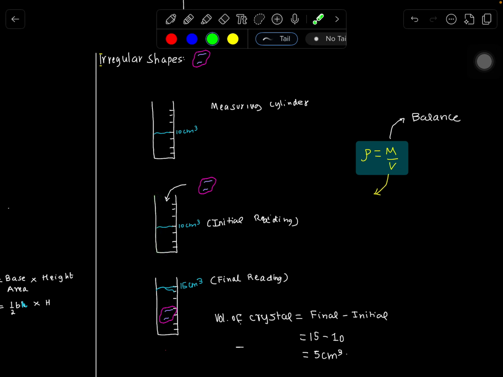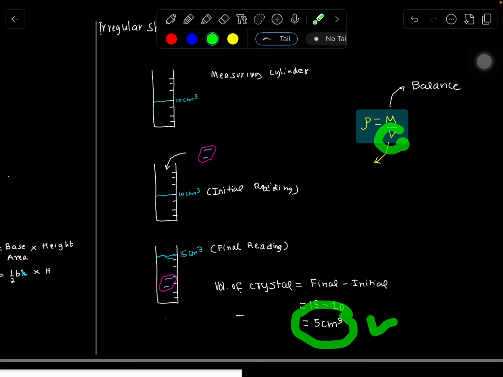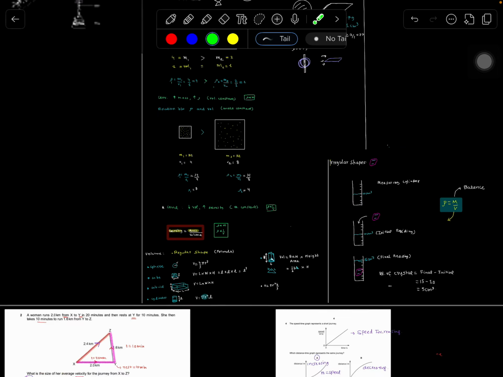That's going to cause the water level to rise. And then you record the final volume. You subtract the initial from the final, and that will give you the change in volume. It's just the space occupied by that irregular object that you dropped in the test tube. So once you find the volume of your object, you'll plug it in the density formula and find the density of the irregularly shaped object.